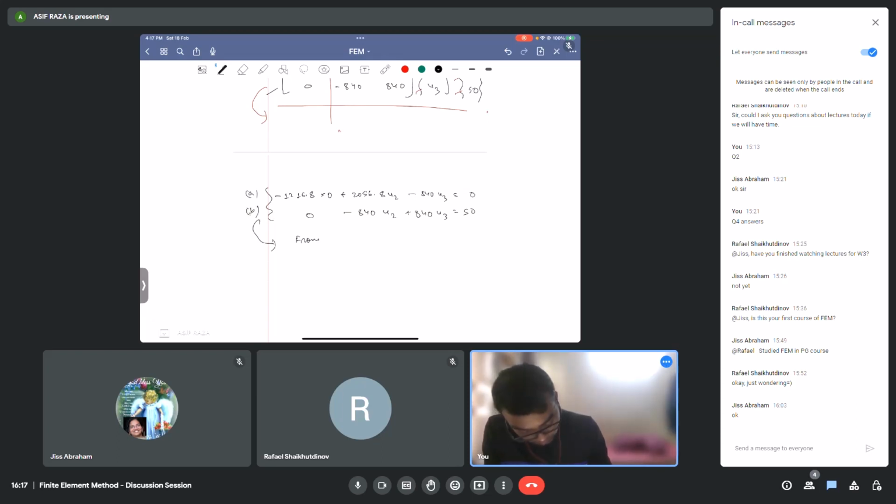From A we have our u3 as 2056.8 u2 upon 840.